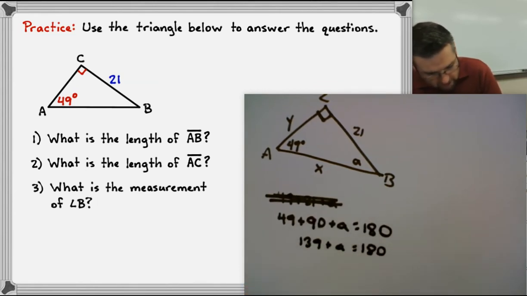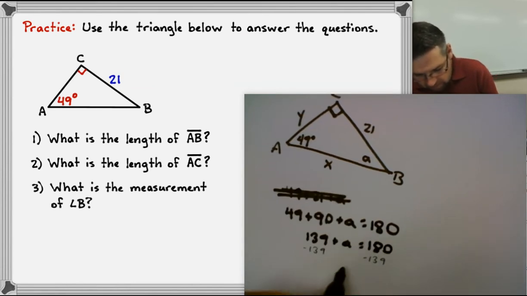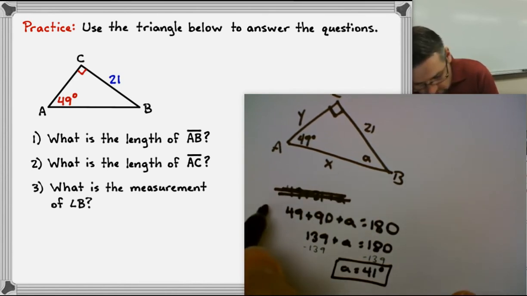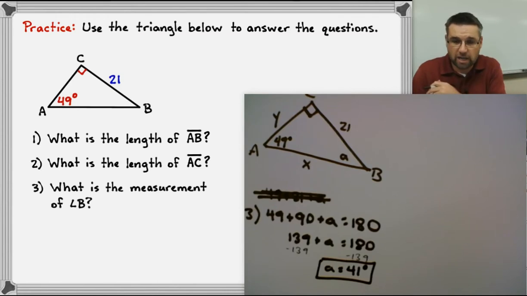And then we're going to subtract the 139 from both sides. And we're going to end up with A equals 41, so 41 degrees. So that is actually the question number 3 there, okay? That's the easiest one to solve. It's just adding and subtracting, right?